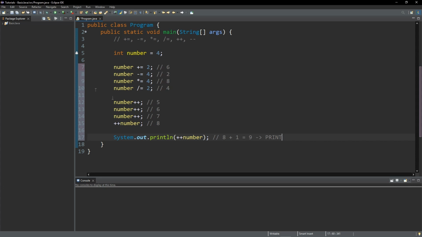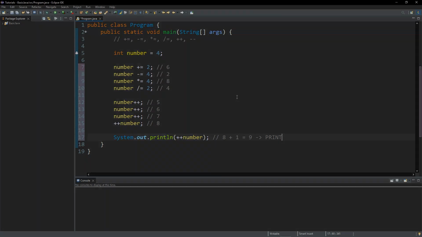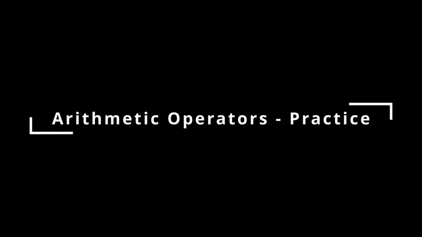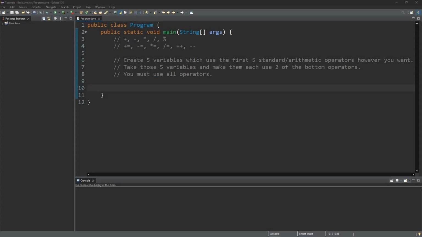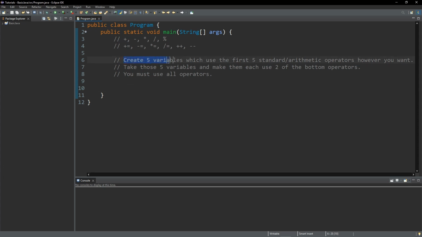So these are all of the basic arithmetic operators. Okay, let's practice this a little bit. This is pretty important to remember, so I would suggest doing this on your own, but if you want to just follow along with us, that is perfectly fine as well. So firstly, it says create 5 variables which use the first 5 standard arithmetic operators however you want.